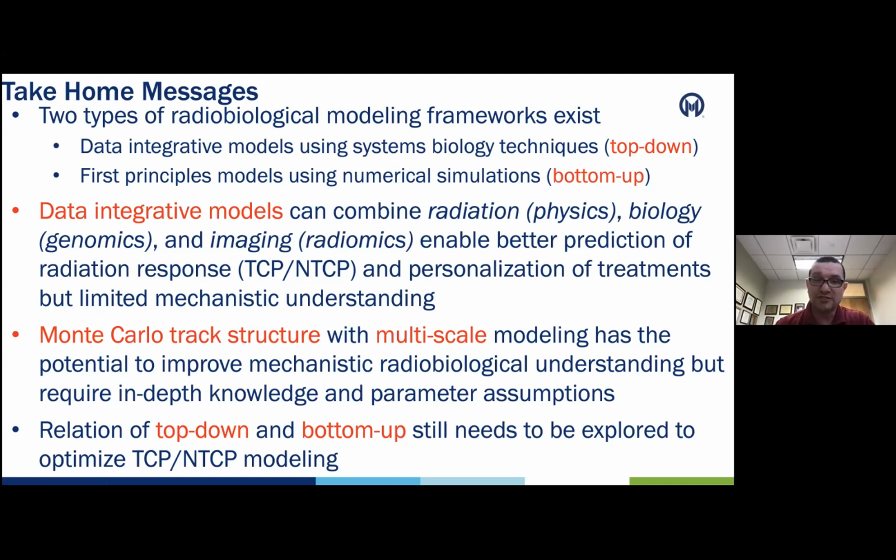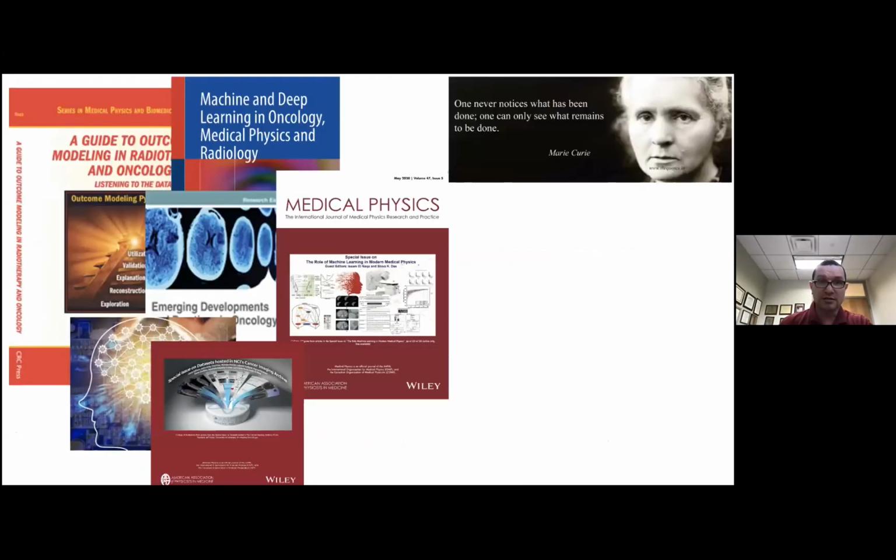However, a lot of assumptions are made when developing or applying these techniques. Now, the relationship between the top-down and the bottom-up still needs more exploration in order to optimize our TCP and NTCP modeling prediction, as well as our understanding of the mechanisms involved in radiobiological response.